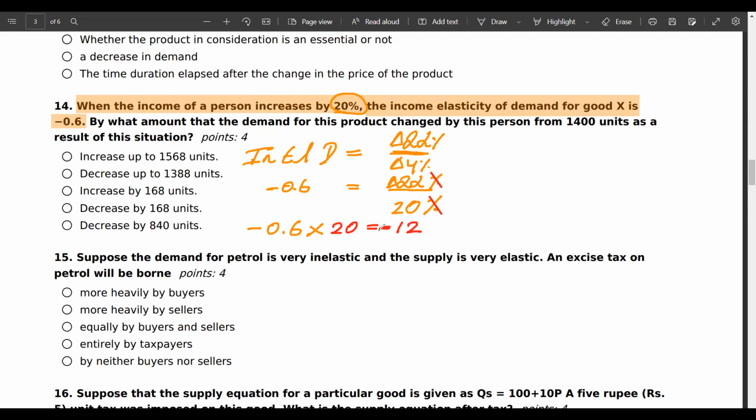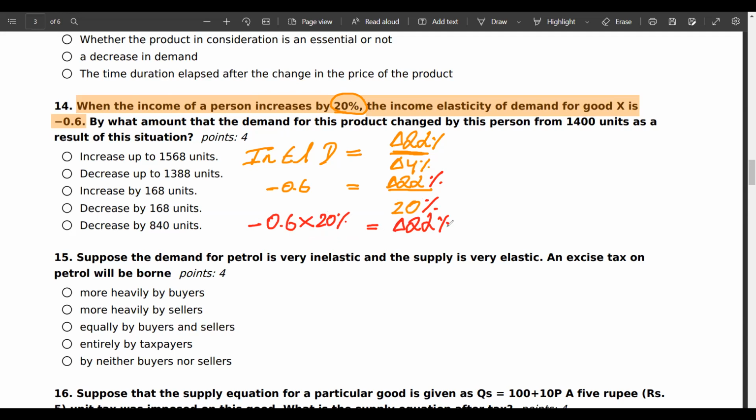So when that decrease of 12 happens, right? I'm not sure whether you'll get it right or not, so I'm keeping the percentage for now. That way, I believe, the sum will make more sense to you. So let's bring here minus 0.6 into 20% equals percentage change in quantity demanded.